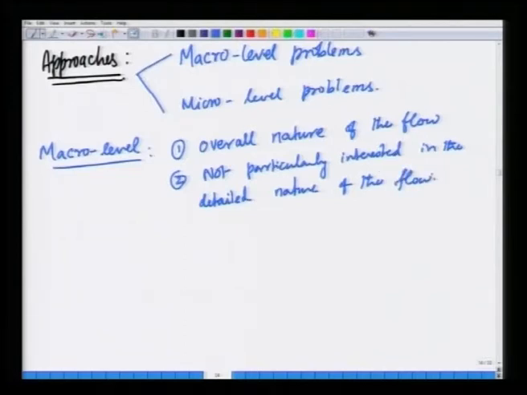Okay. So, examples are flow in pipelines, as we saw a few minutes back. Fluid transportation is very important in chemical engineering, chemical process industries. Okay.